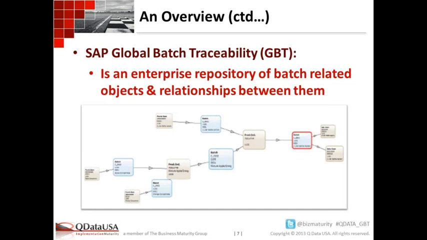So there's basically a node and a relationship between those nodes, whether that's a purchase order and a production order, and the purchase order procured and received a batch, and then that particular batch was then consumed in a production order. Those would be two nodes in the system, and the batch in between would be the relationship of that.